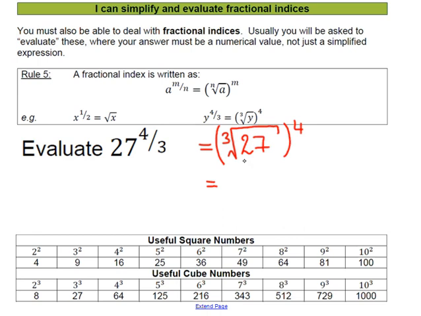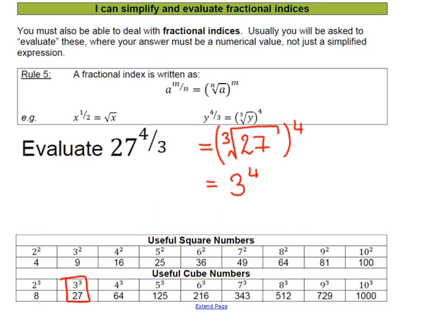What I now want to do is work out what the cube root of 27 is. Well, in this table, I see that 3 cubed makes 27. So the cube root of 27 must be 3. And we are then looking at doing 3 to the power of 4.